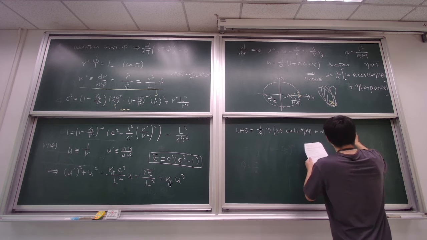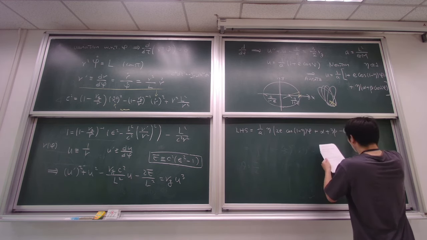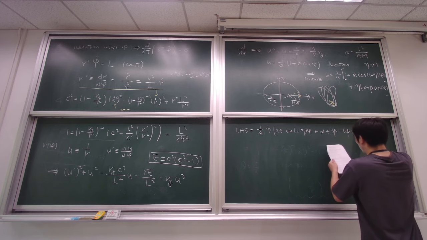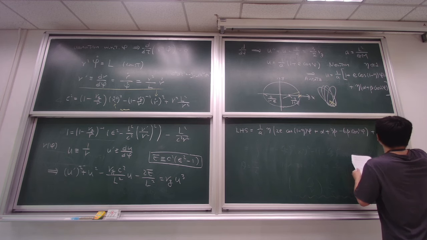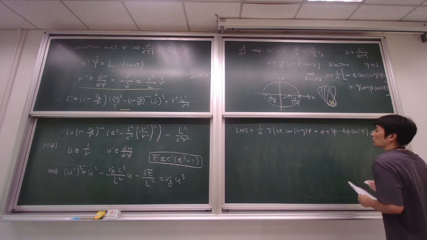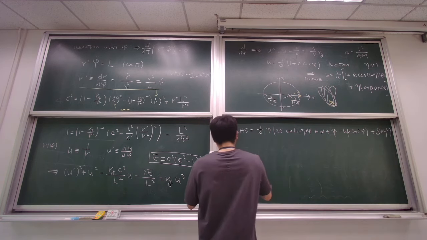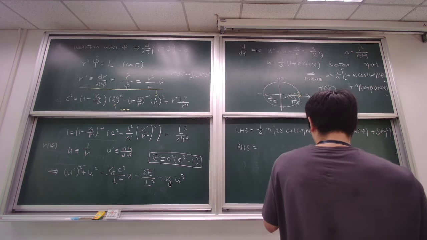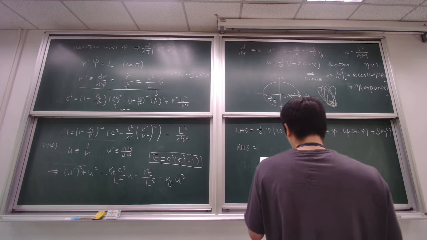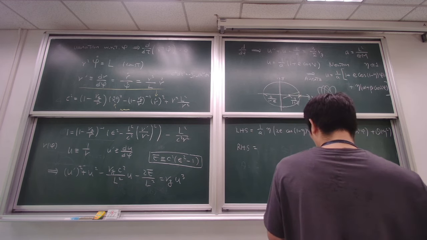It's just a consequence of my only taking the leading order of eta, plus order eta squared. I just take the leading order. And the right hand side is super simple. Right hand side, wait.